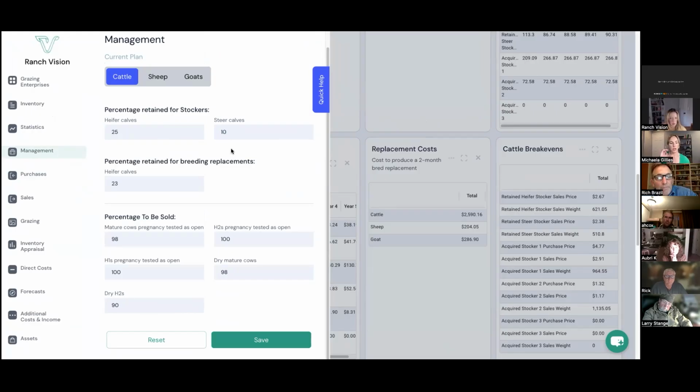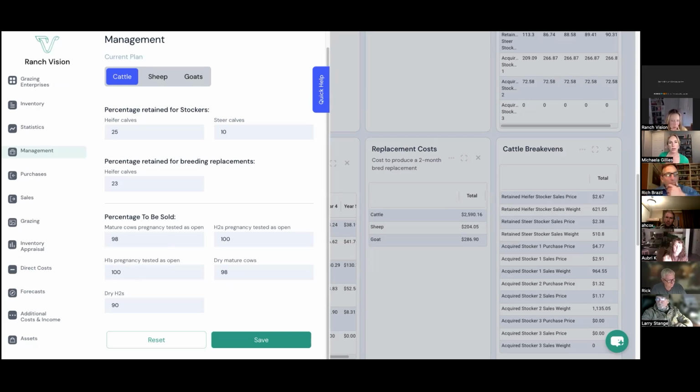Do you want this in a scenario? Because she was asking about comparing lease versus purchase. So I was modifying the current plan, which is how you would do it. You would add the lease. I thought you were in the new scenario. No, I was going to look at her question, which I think is about that purchase we were talking about, the 100 H2s, lease versus purchase. Aubrey, is that what you're trying to get at?